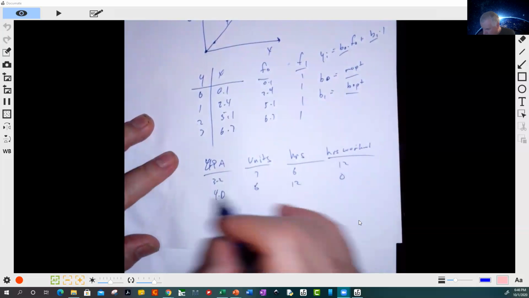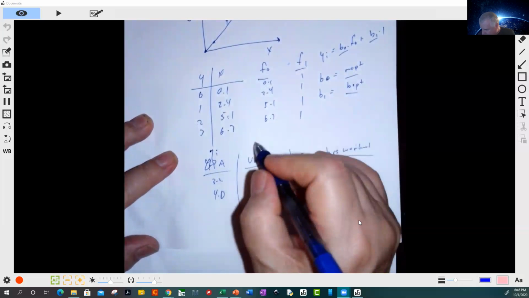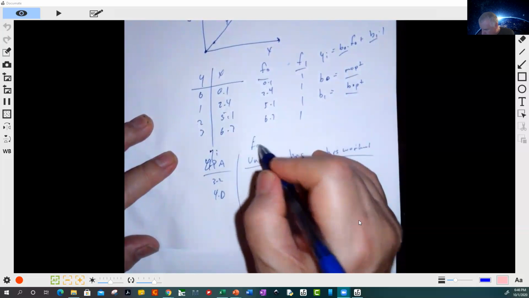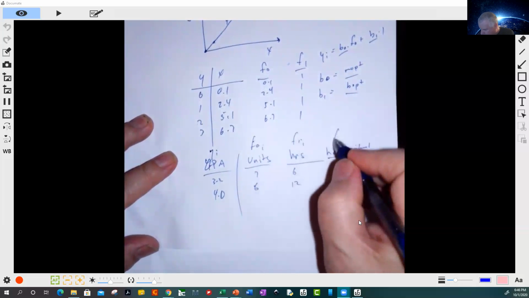We would just set up data like this, right? These will be the y sub I. These will be the F0 sub I, F1 sub I, F2 sub I.